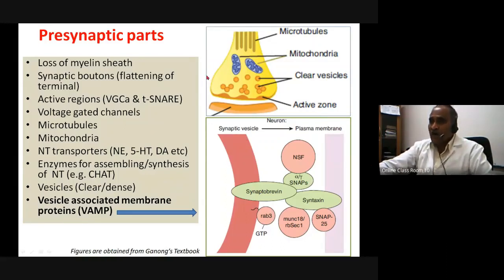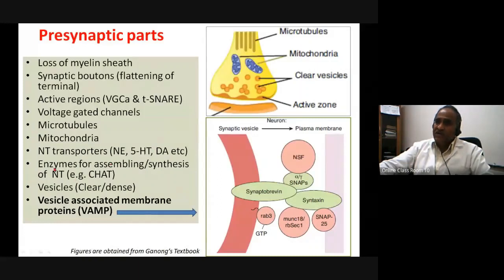Then we have enhanced voltage-gated calcium channels especially. We have the microtubular system for transport. We have the mitochondria for energy. We have the neurotransmitter transporters on this presynaptic terminal, and these transporters are necessary for the transportation.